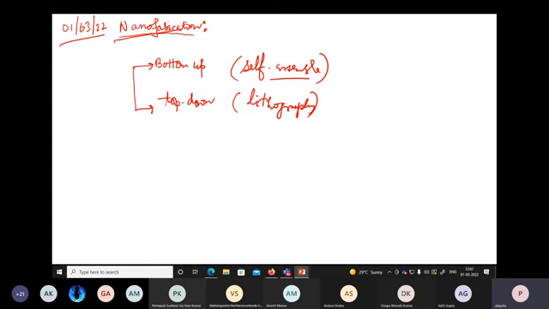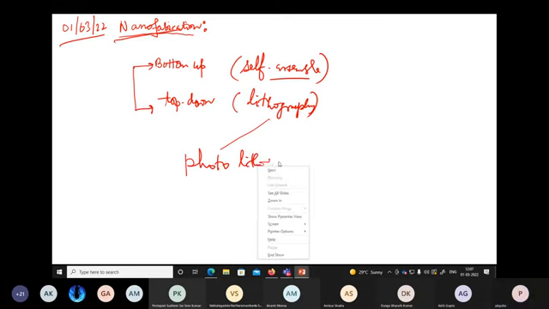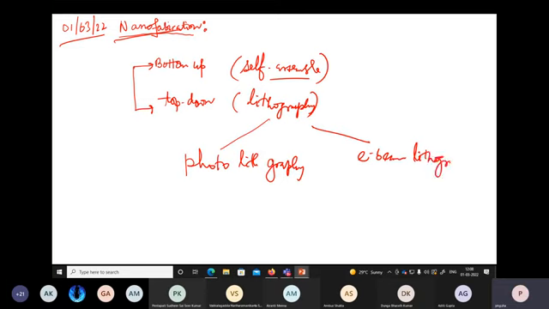Now, today we would like to discuss mainly lithography technique. We'll mainly cover photolithography and e-beam lithography.